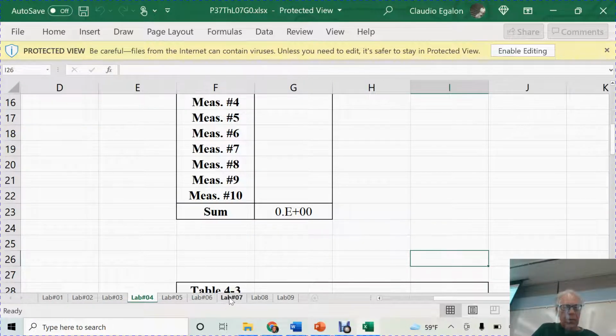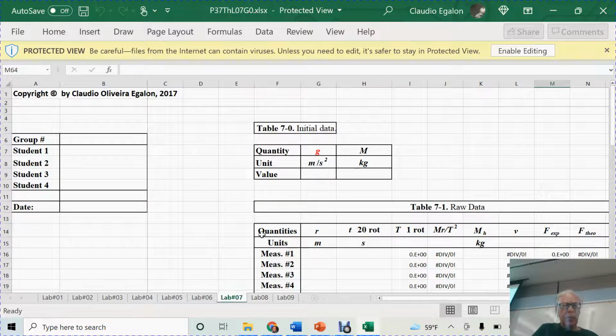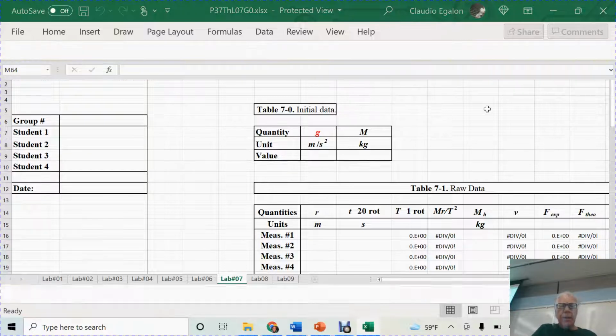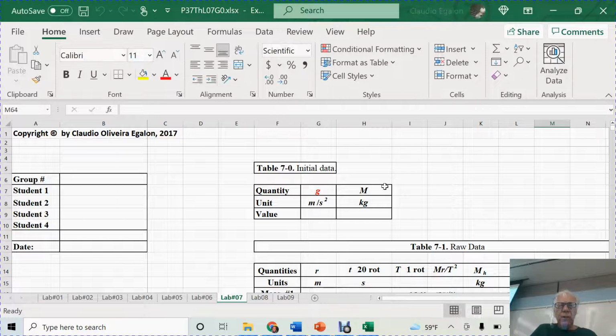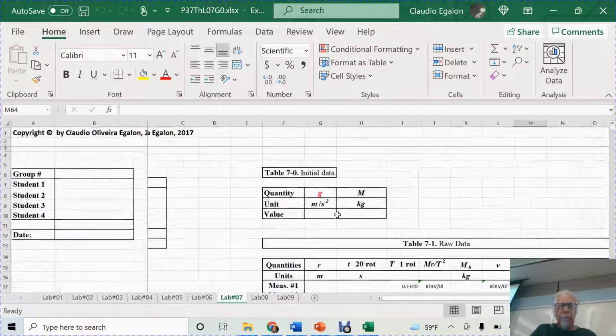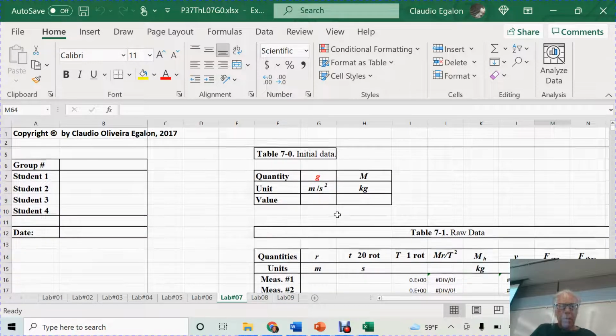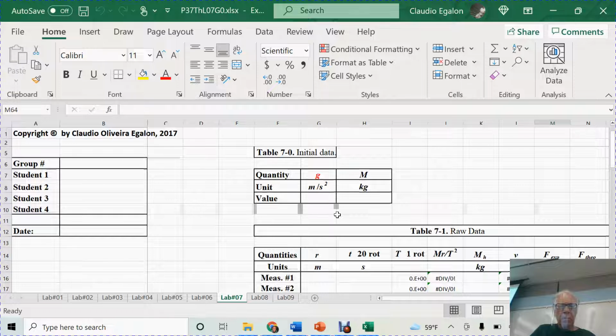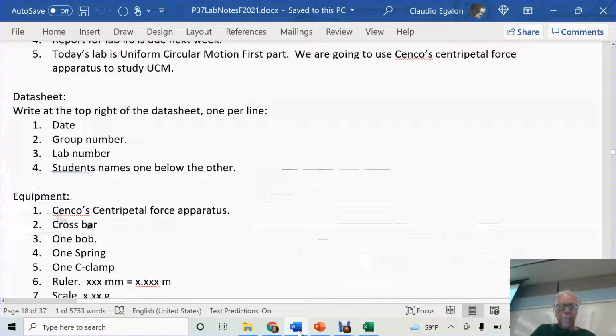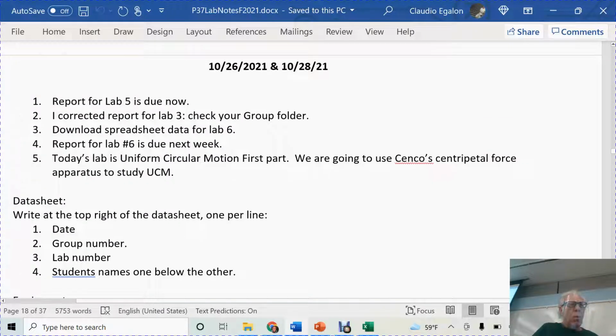Lab number 7. We have 2 more labs to go plus this one. Enable editing. That's how the spreadsheet looks. I'm gonna walk you through that. What else you have to do?